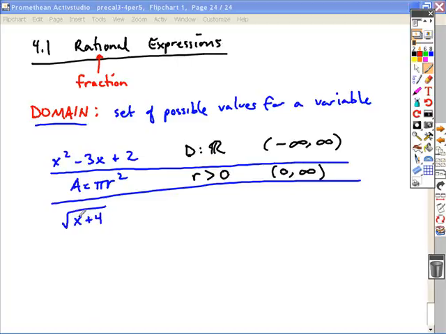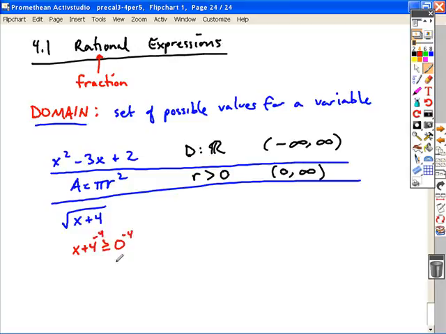So in order to guarantee this expression x plus 4 is non-negative, you would have to take that expression, x plus 4, set it greater than or equal to 0, and that's going to give you your restriction. If you isolate the x here, subtract a 4 from both sides, you get x is greater than or equal to negative 4.